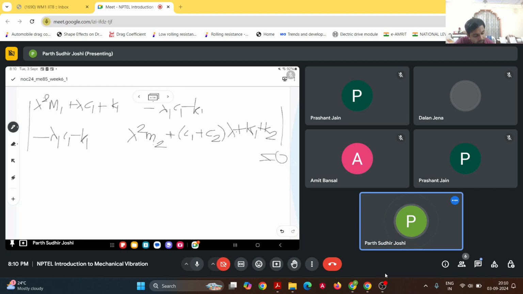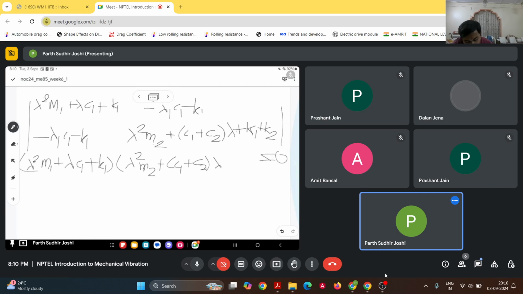It's basically (lambda square m1 plus lambda c1 plus k1) into (lambda square m2 plus (c1 plus c2) lambda plus k1 plus k2), this multiplication of terms, minus (lambda c1 minus k1) whole square, is equal to 0.